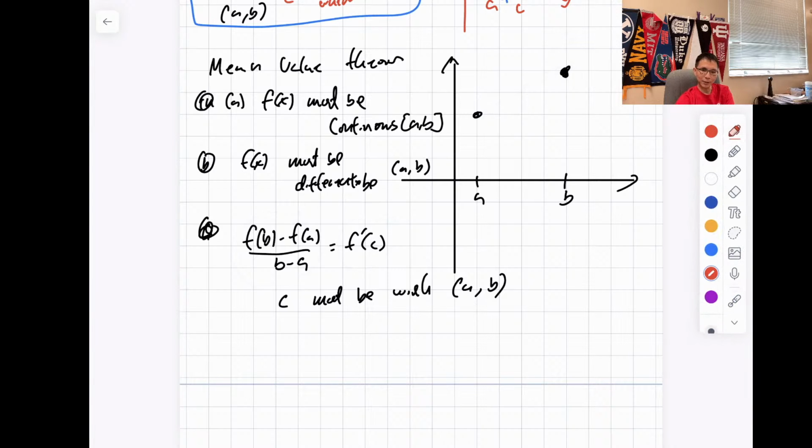You might get something like this, so that you have a secant line, which is f of b minus f of a over b minus a. But at the same time, you have a purple line here with roughly exactly the same slope. So this is c1 and this is c2.